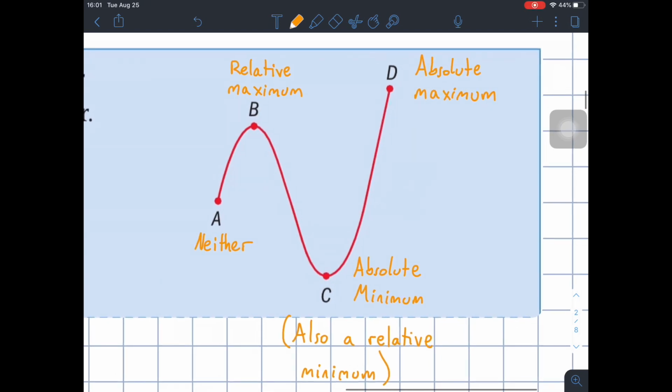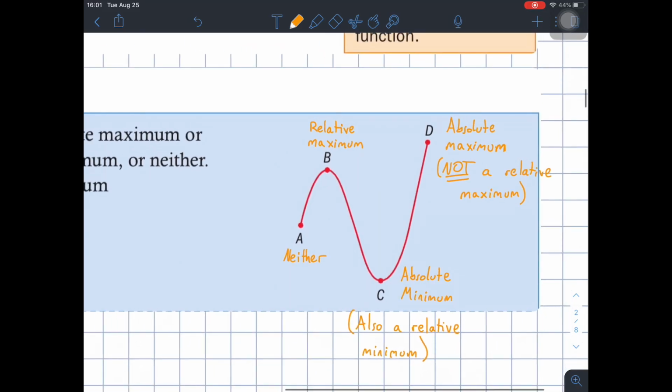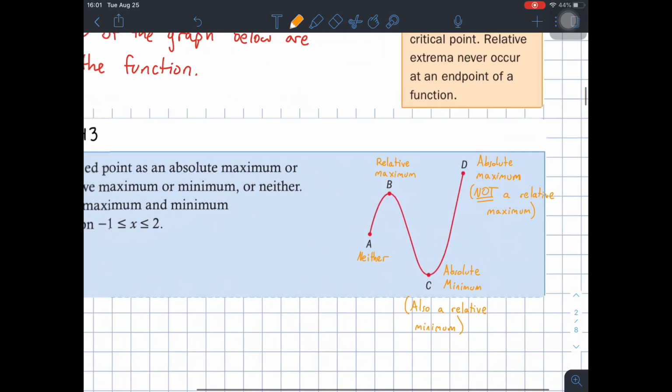And let me write this in parentheses, it is not a relative maximum. Why? Because it does not fulfill the condition in order to be a relative maximum. Okay, so I hope this concept of absolute and relative is clear for you.